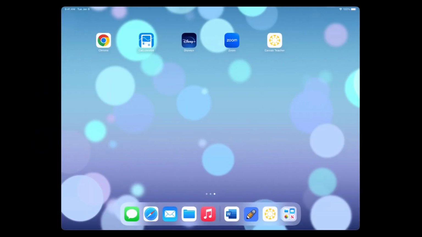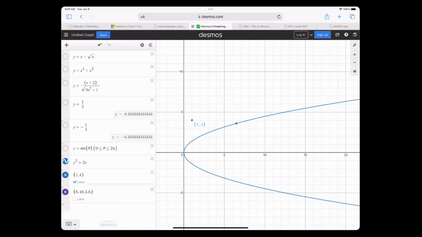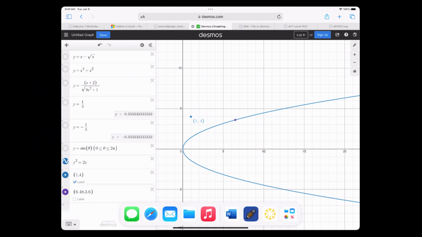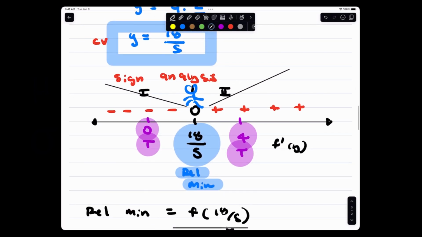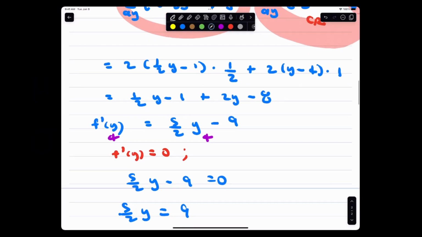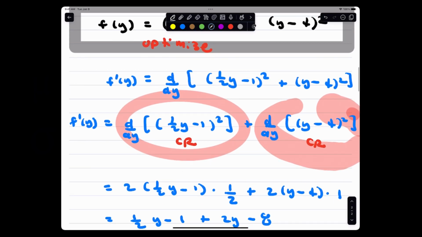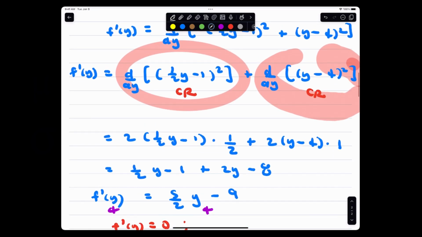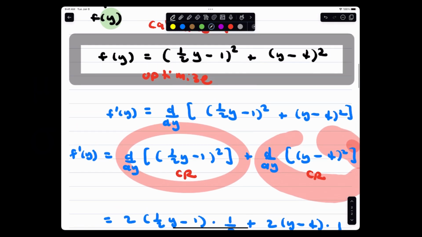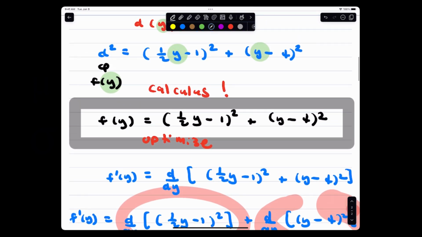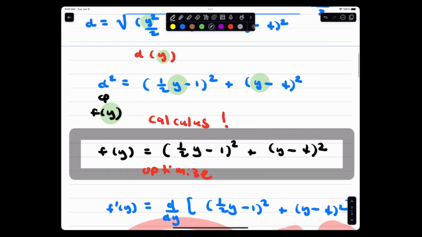Y squared is 2x. Yeah, we did put that. Y squared is 2x. Okay. And it is a point on the curve, so something's not right. Okay, what's your question? Right there, in the f of y. How'd you get the y without it being y squared?